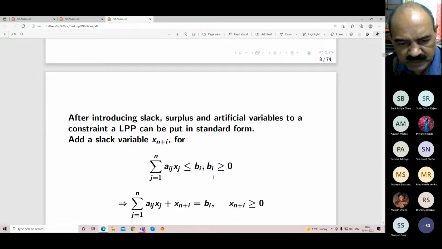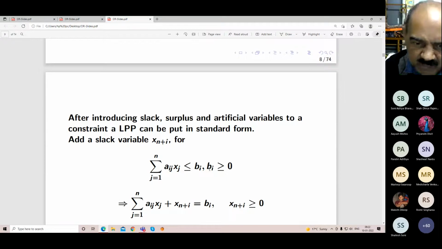If a type 1 inequation is there and you want to convert it to an equation, we have to introduce a slack variable.